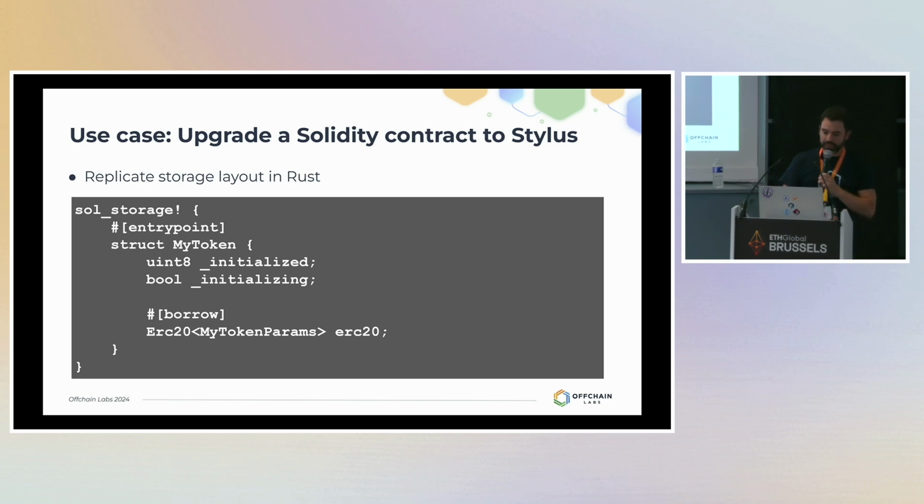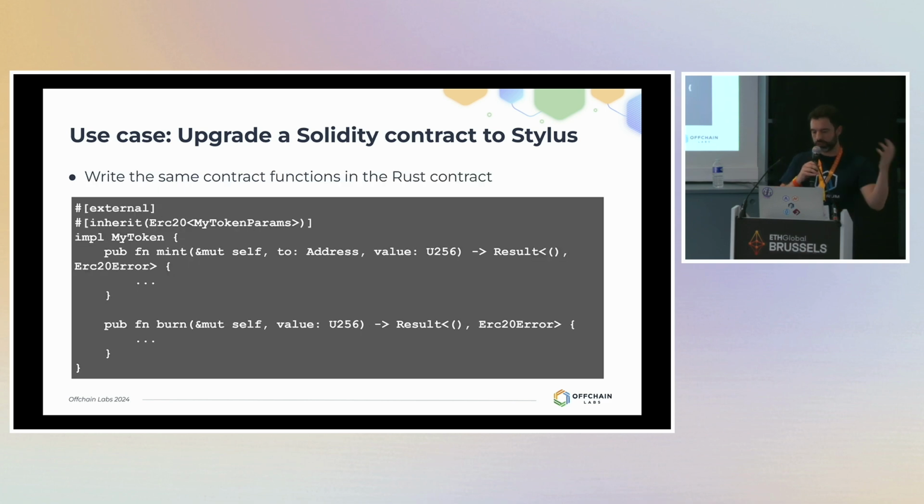Here we are also using a borrow macro, because in this specific example, our ERC20 implementation is in a different file. I wanted to show you a more complex example. So everything that is ERC20 is in a different file, and then we call that module from our first lib module. We will see that in the code later.